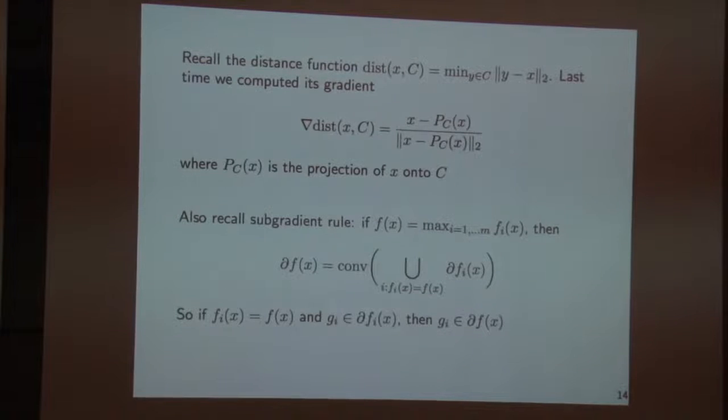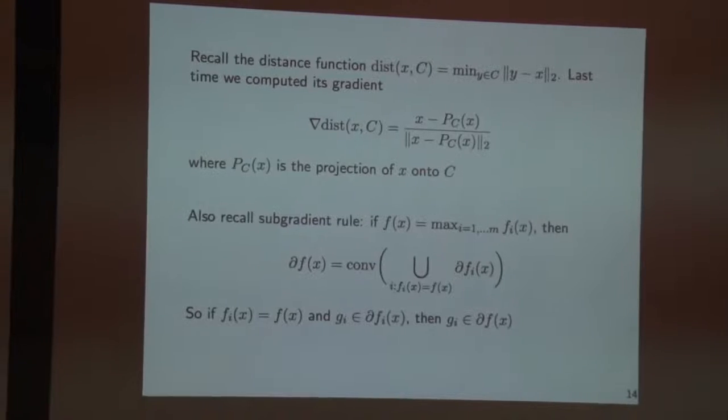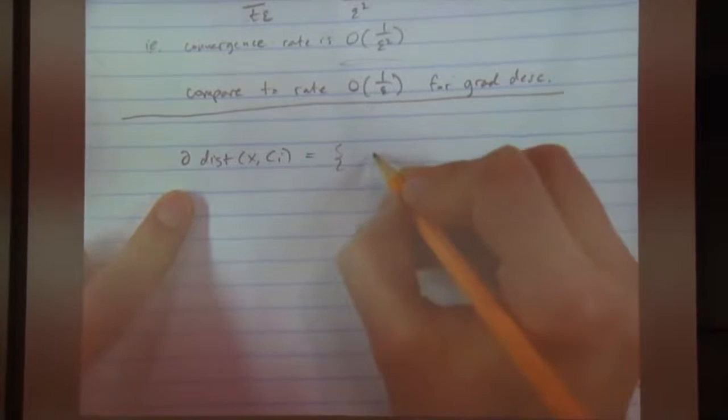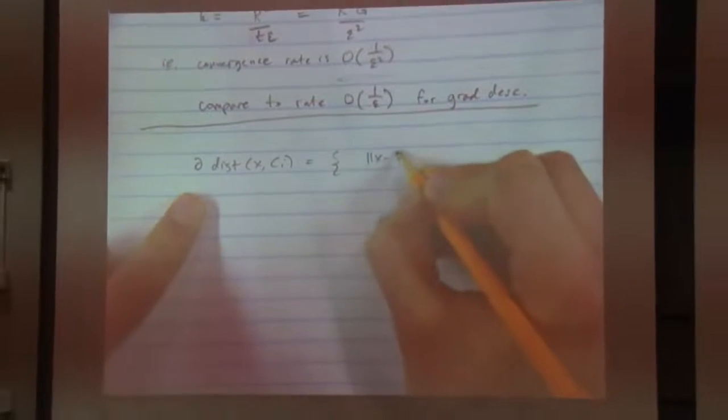And in fact, I'll just write down one more time the distance function to any convex set. We know that the subgradient of the distance between a point and any convex set contains one element, and that looks like this.